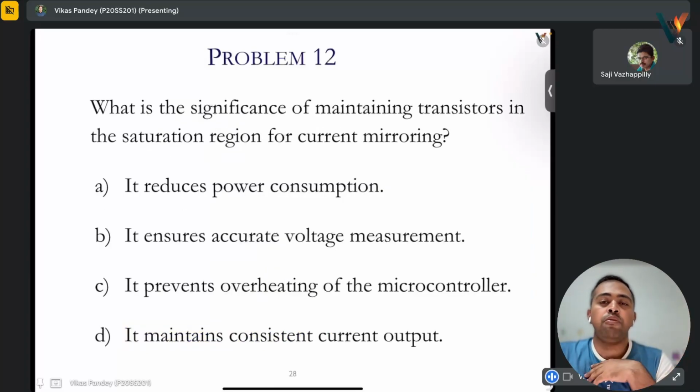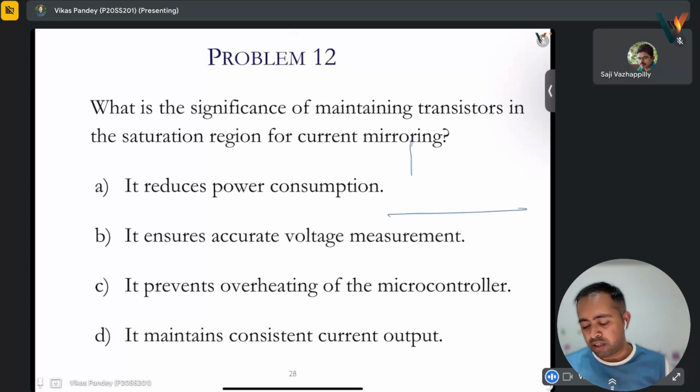What is the significance of maintaining transistors in the saturation region for current mirroring? As I discussed, for current mirroring, let's see how a transistor behaves.